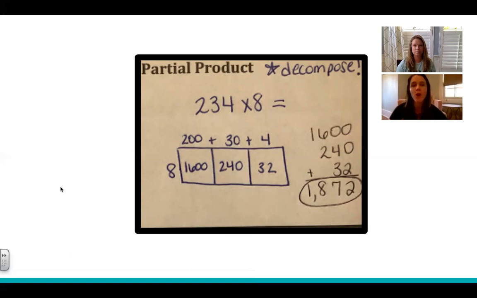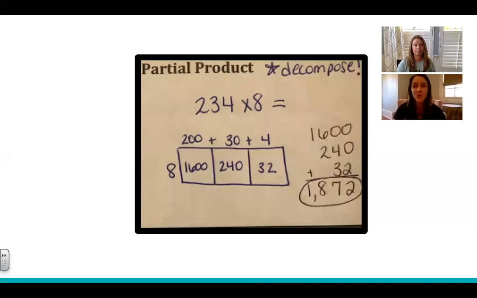So partial product is kind of like the area model with the box when it's a 2 by 2, but partial product is what we actually did before we taught you the big box area model. This one is either a 2-digit by 1 digit or a 3-digit by 1 digit. Here we have a 3 by 1 digit: 234 times 8.